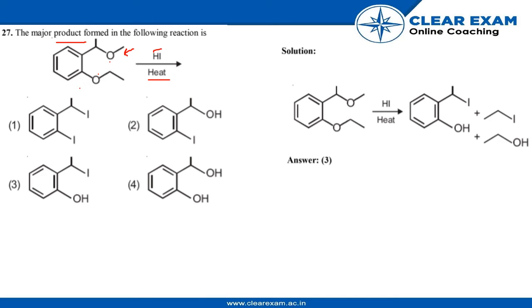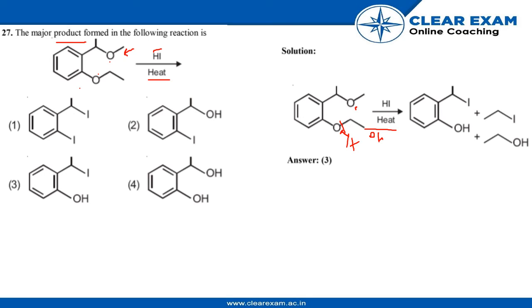So here we can see when HI in the presence of heat is reacted with this compound, it dissociates and breaks the chain from here, and H gets attached to it. H brings a plus sign along with it, so it has an extra plus with it in the rest of the chain, in OH here also.